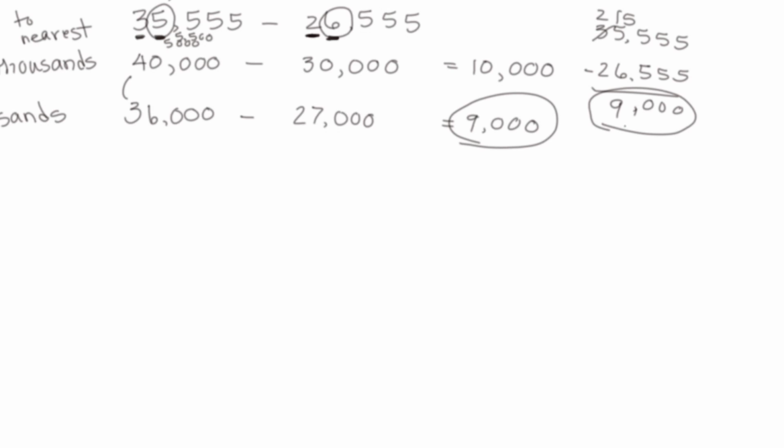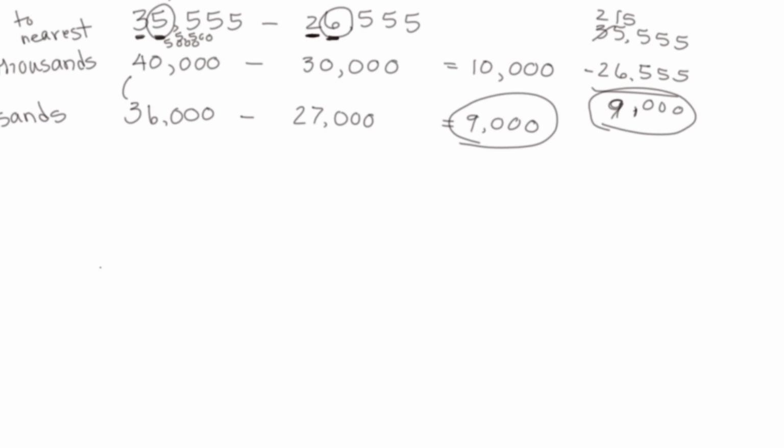But either way, if we got an actual difference of 9,000 and we compared it to an estimate of 10,000, we'd say, yeah, that's pretty close. I probably did my math right. So we can round to different place value digits, any place value digit that's in the number, and that will give us an estimate of whatever operation we're doing.